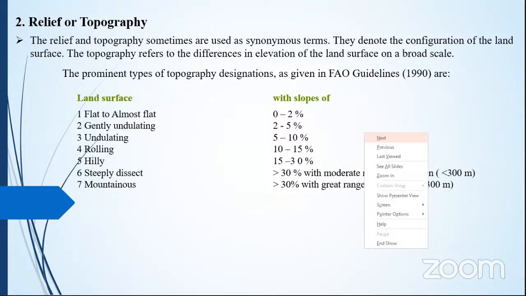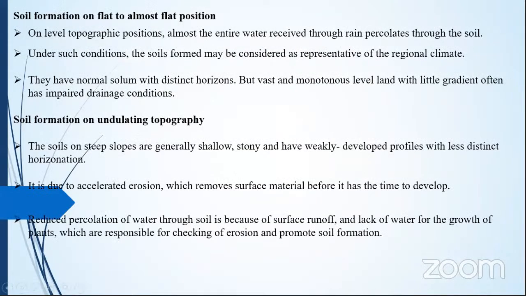Now we will see the different areas of soil formation: in a flat position, how it will form, in undulating, how it will form, or in deep crevices, how the soil will form. Students, we will see how soil forms in flat and almost flat positions. What are the conditions, or what is the pedological process involved? In level topographic positions, almost the entire water received through rains percolates.